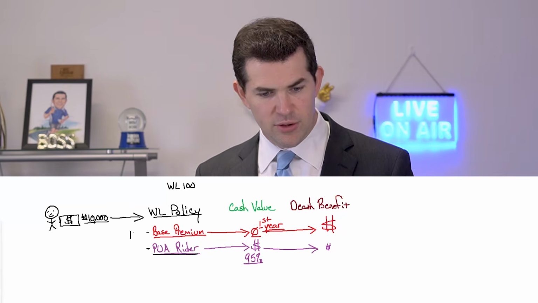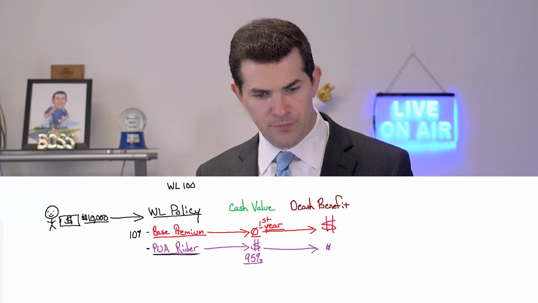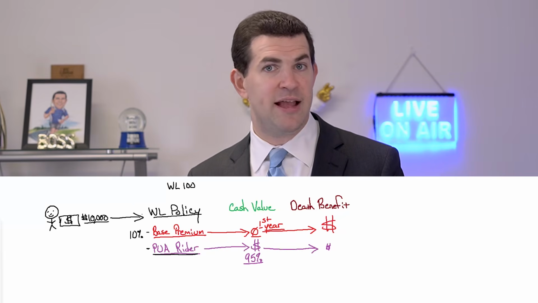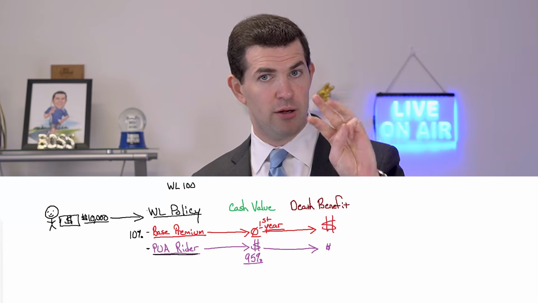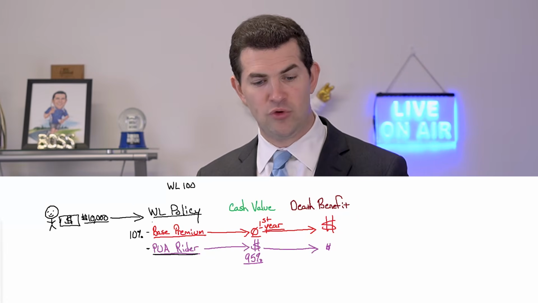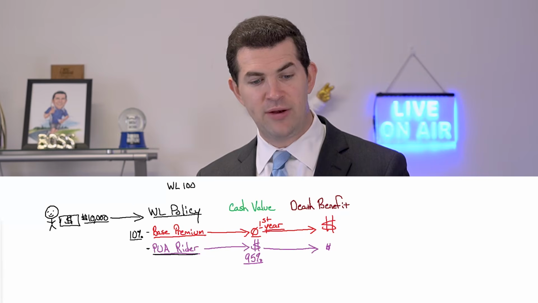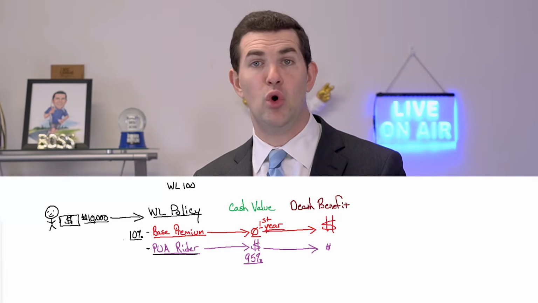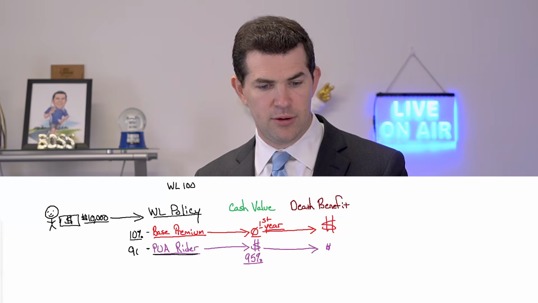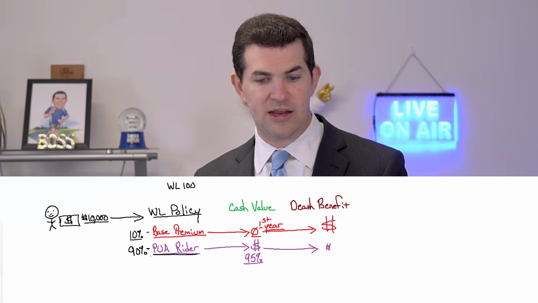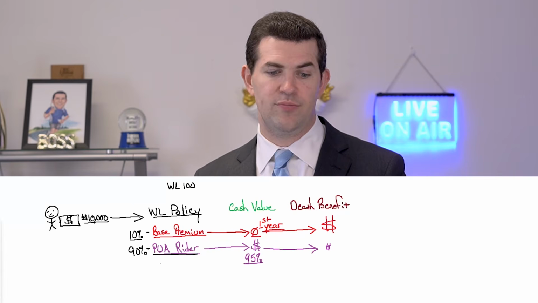The lowest that we can typically put here with the top companies in the industry, your 4 major mutuals like Mass Mutual, Guardian, New York Life, and Northwestern Mutual, is usually around 10% of whatever your total payment is. Whereas the other 90%, I can direct toward PUAs.